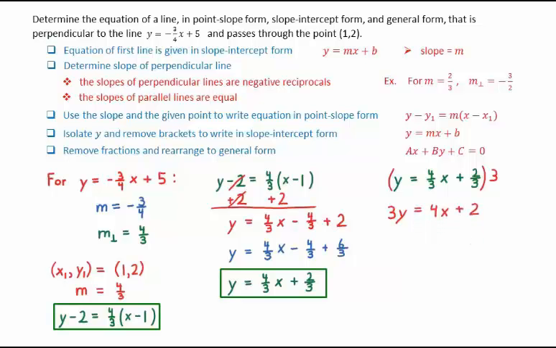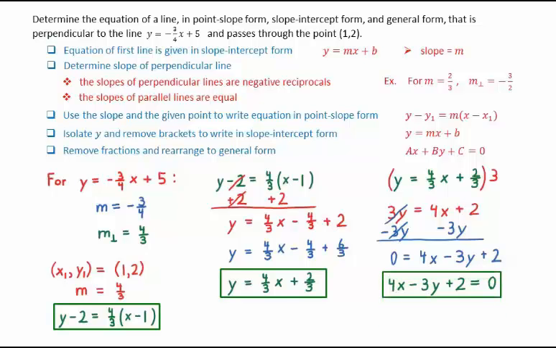For general form, we want the coefficient of the x to be positive, so we'll keep the 4x plus 2 on the right side and subtract 3y from both sides of the equation. This gives 0 equals 4x minus 3y plus 2, or 4x minus 3y plus 2 equals 0, as the equation in general form.